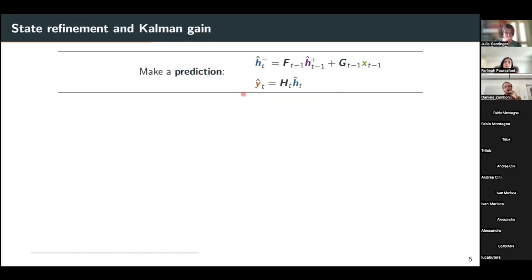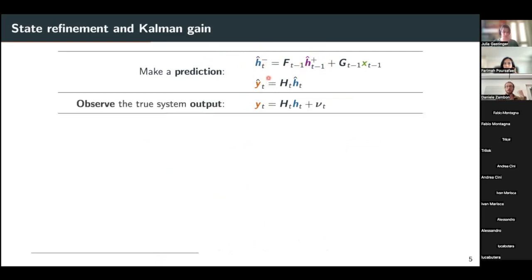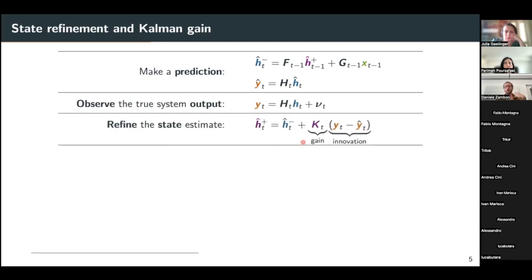Again, if anything is unclear, please stop me anytime, because this is a bit important, a concept that we need to rely on later on. So our prediction is, as I said, we have our state estimate of the previous time, we make a new state estimate, and we make our prediction based on that state estimate. Then, as soon as we observe the target, we can make our refinement.